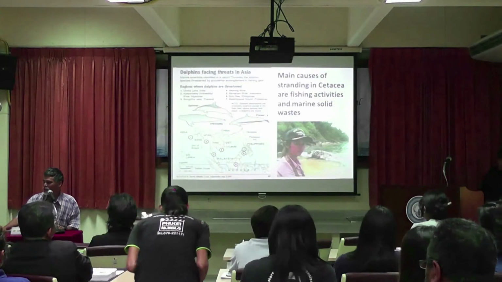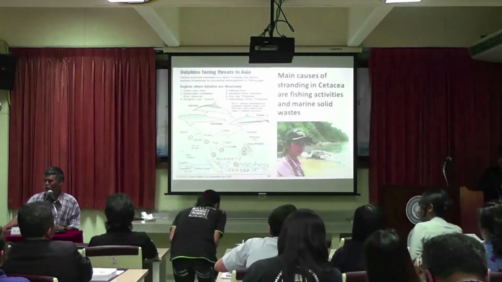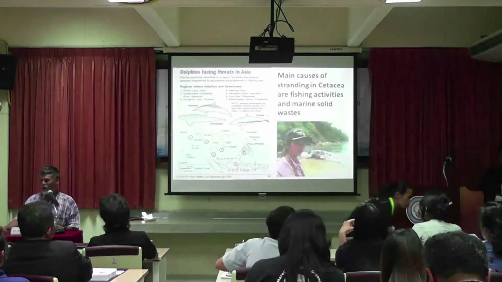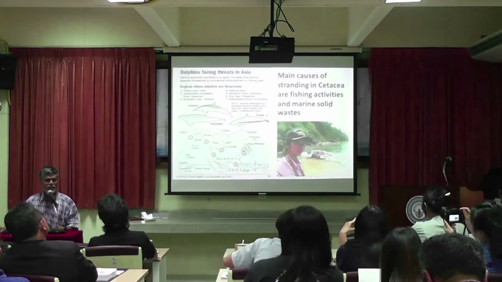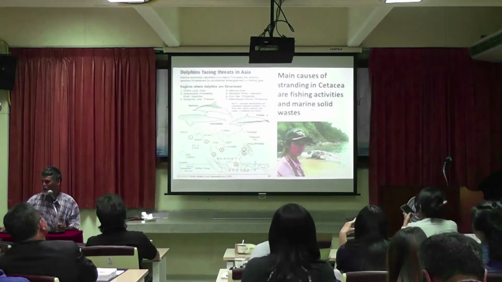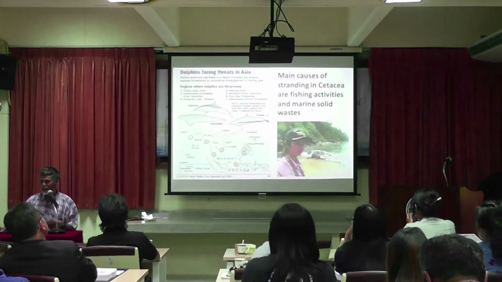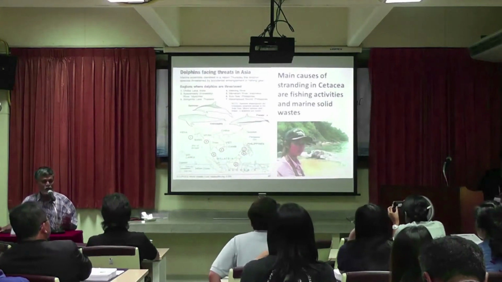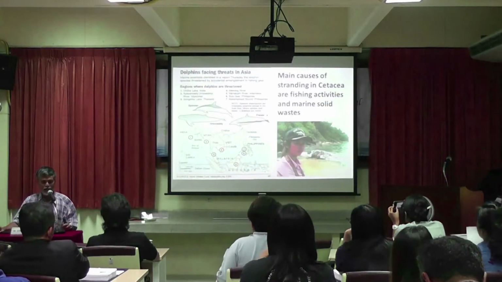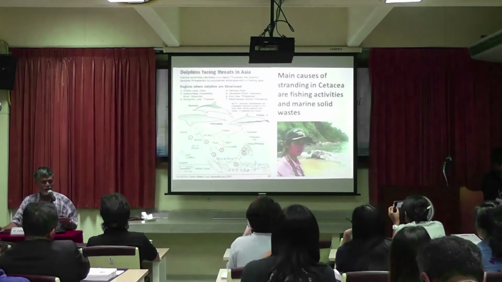So the main cause of the stranding of cetaceans and other mammals is mainly from fishing activity and marine solid waste, like plastic bags, like the plastic bags from 7-Eleven that we throw a lot of. I think Phuket has now become a plastic bag free province, same as some countries.